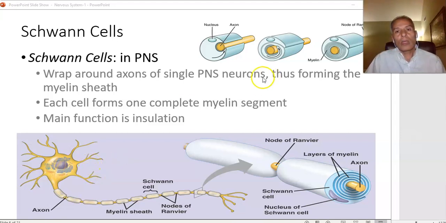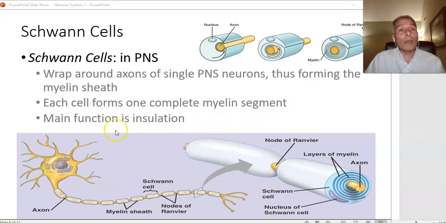So you could see here the axon, and then the Schwann cell starts to grow around it, and then there's a cell body, and then that continues to wrap. As it continues to wrap, the cell body travels to the outer layer, and it continues to wrap until it becomes mature.